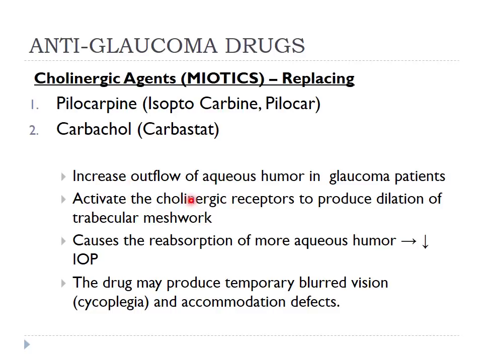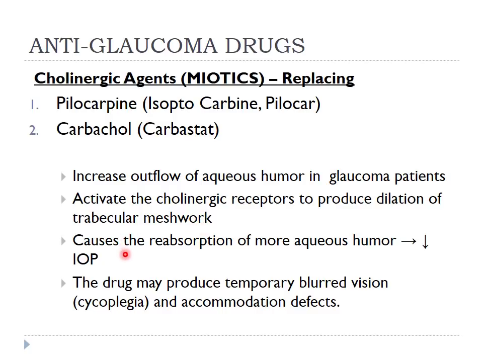So this will increase the outflow of the aqueous humor in glaucoma patients. The aqueous humor is basically, when you think about aqueous, it's a fluid. Okay, and there's an outflow that we're going to have happen here, and what will happen is we activate the cholinergic receptors to produce a dilation of this thing called the trabecular meshwork. When you dilate this trabecular meshwork, you will have fluid easily flow through it.